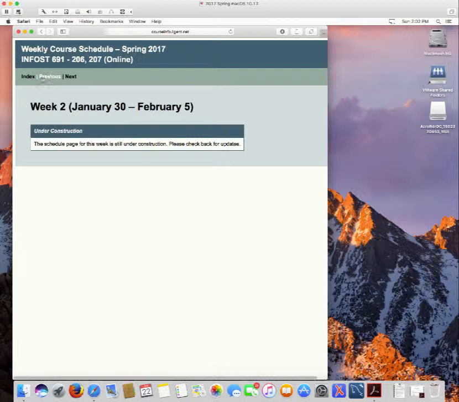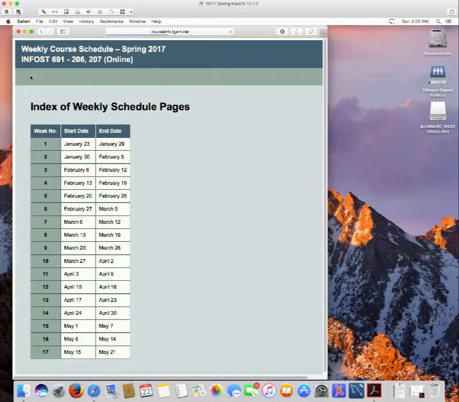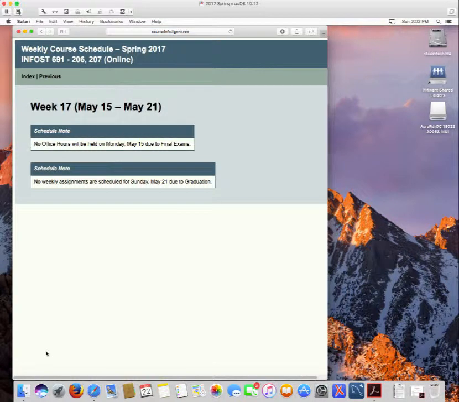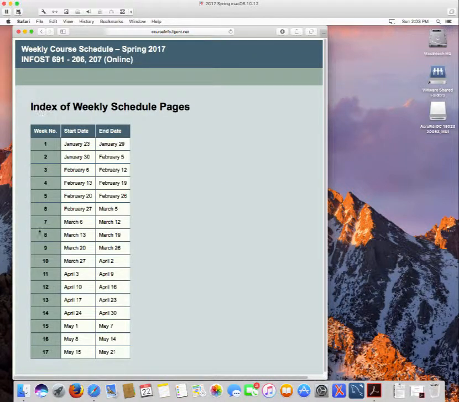Now just as long as we're here and we're talking about the schedule, there are a couple of special weeks. There's week 17, I mentioned before, we don't really use. So we don't have any activities on week 17 at all. The hand-in activities for the course will be at the very end of week 16. And week 9 is a popular week.